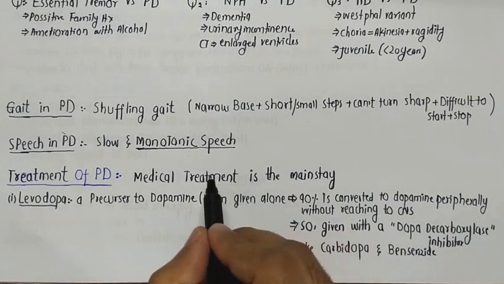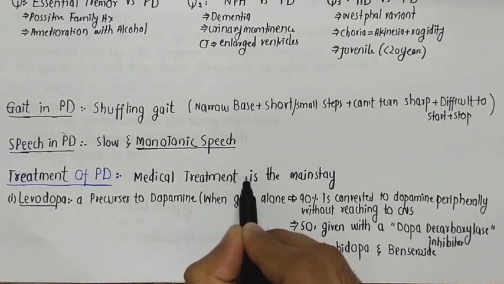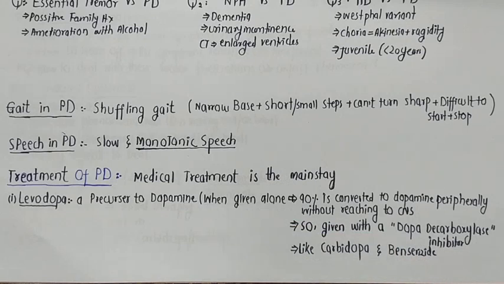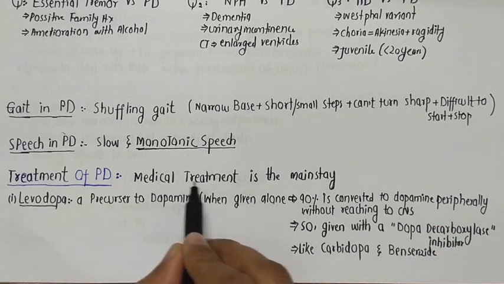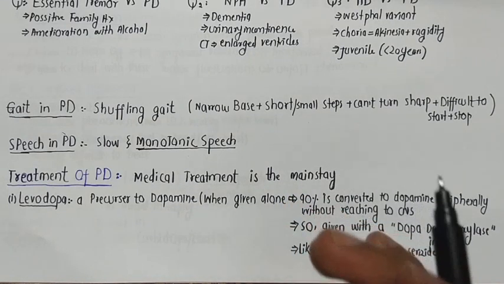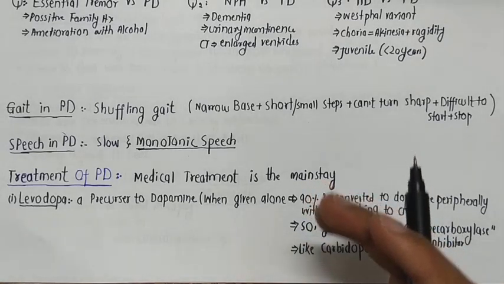Medicines are the mainstay of treatment for Parkinson disease. Remember that. Several surgeries are also used nowadays to treat Parkinson disease, but medical treatment is the mainstay. Remember, we use several classes of medicines.